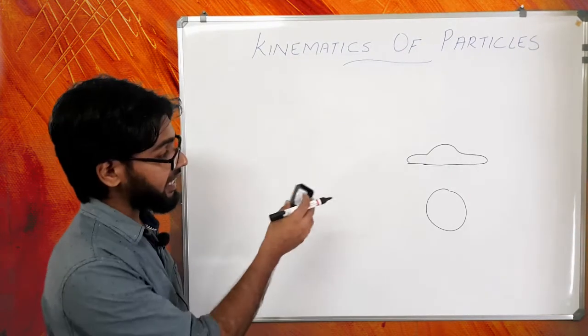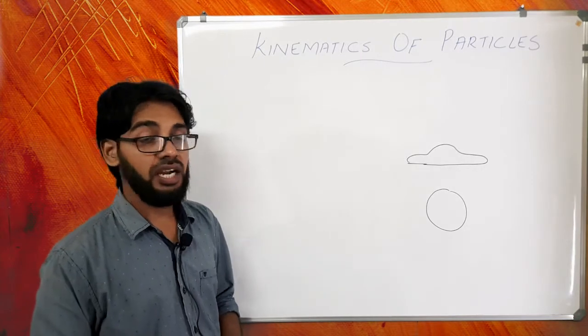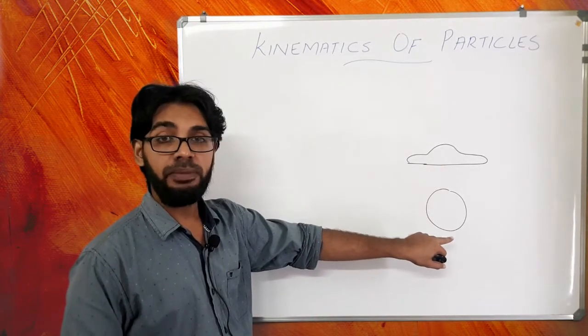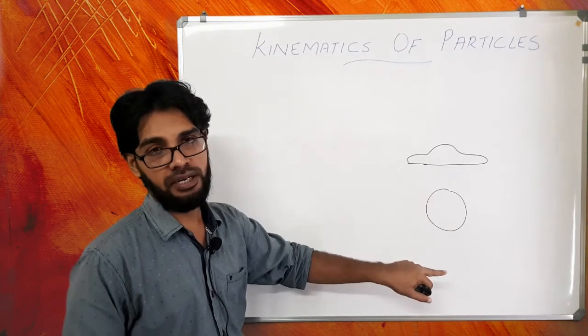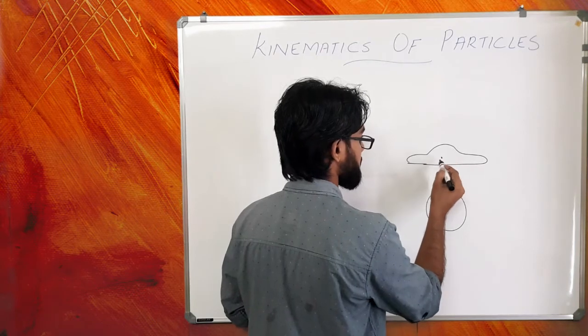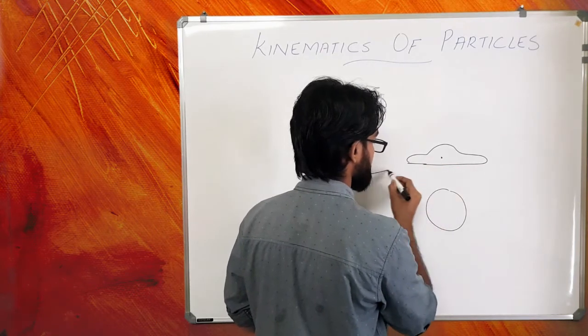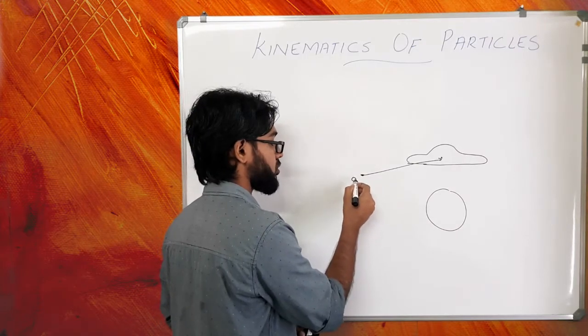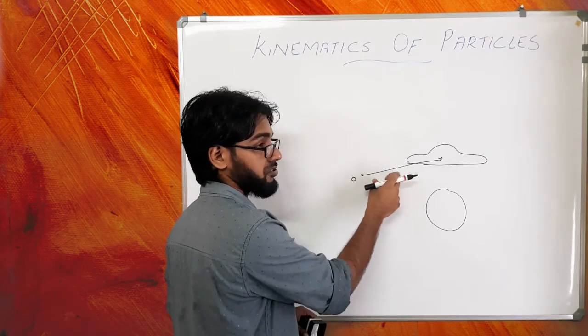Now, when we idealize such cases, we shall consider their mass center for determining the position of the particle. So, the mass center of this corresponding car with reference to the point O, this will be the position vector.